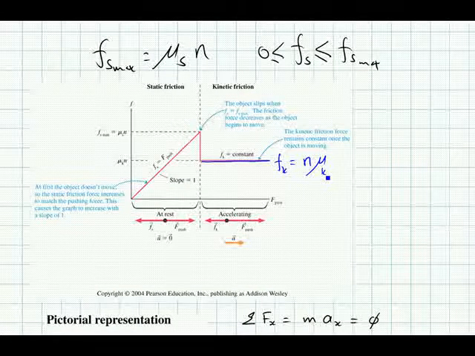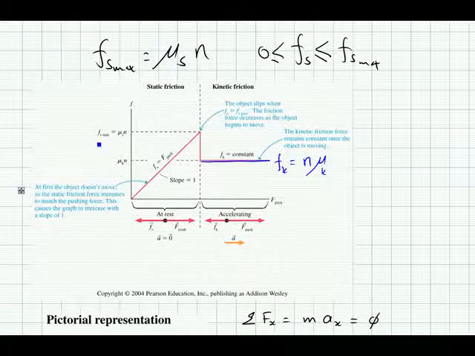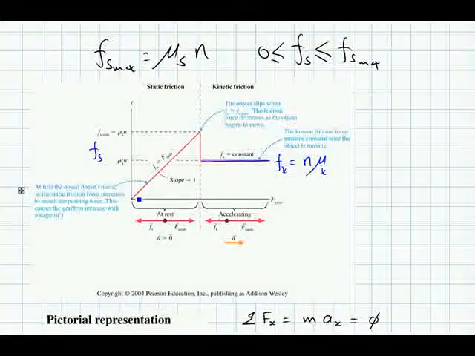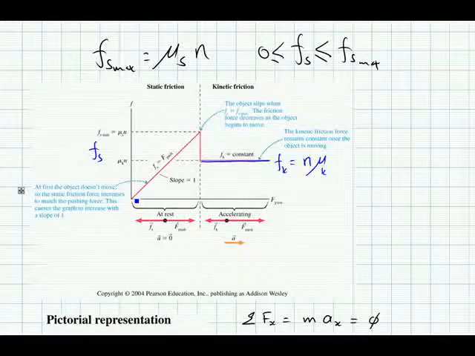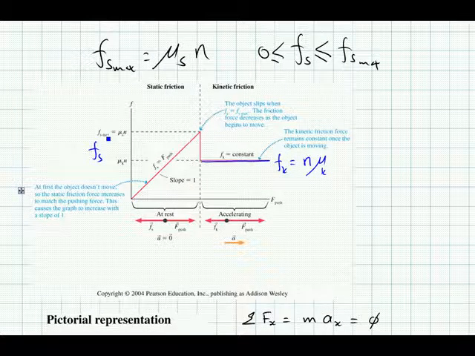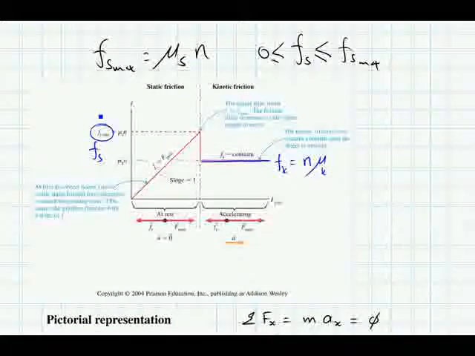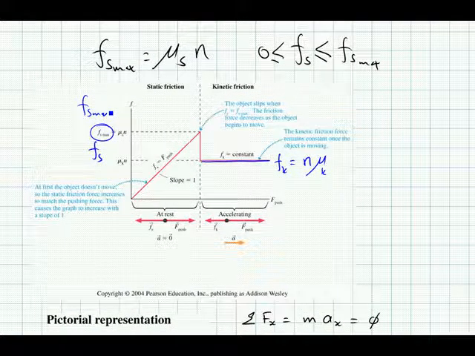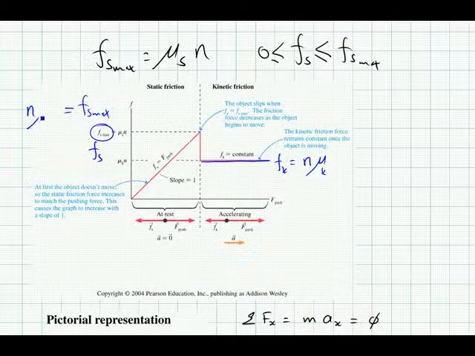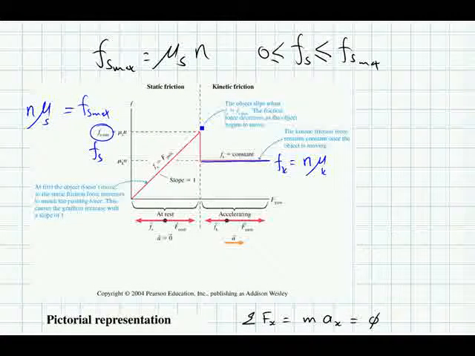The value of the static friction, Fs, depends on how hard one pushes on the object. However, the maximum value, Fs max, is equal to the normal force times the coefficient of static friction.